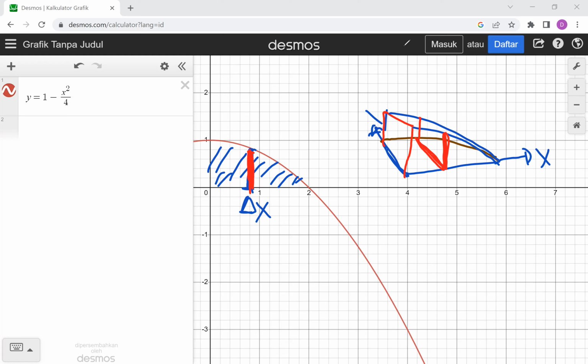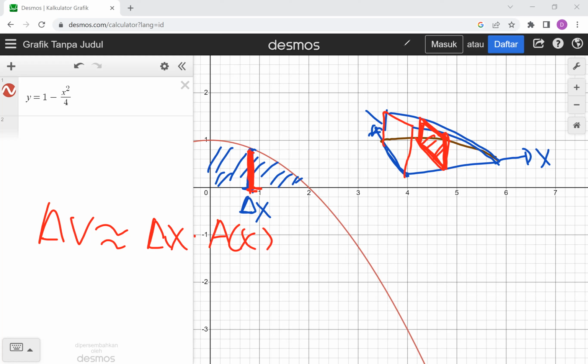So the approximate volume of this piece will be the volume of the box. The volume of the box is the thickness, delta x, multiplied by the area of the base. So delta V is approximately delta x, the thickness, multiplied by the area at x.